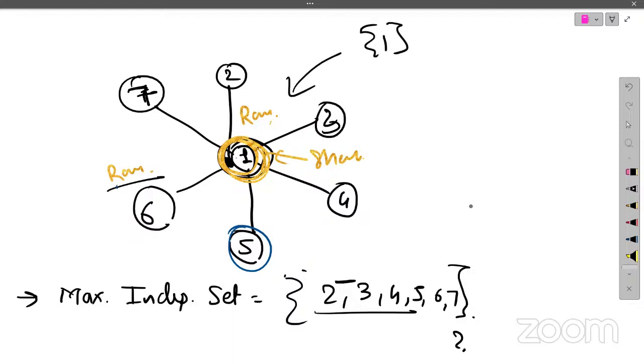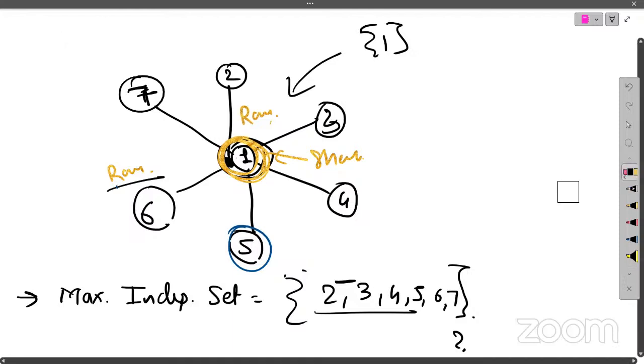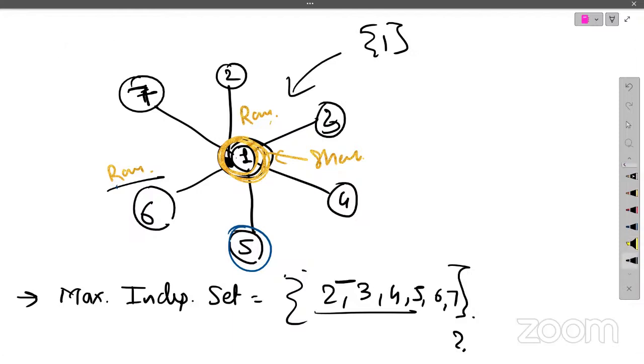Any vertex you can take. You take one. But 2 and 7 are connected to 1. No, but that doesn't matter. If you are taking only one, you need not worry about the subset. Okay, so 2 and 7 are not directly connected. That's why we need a direct edge. Okay.